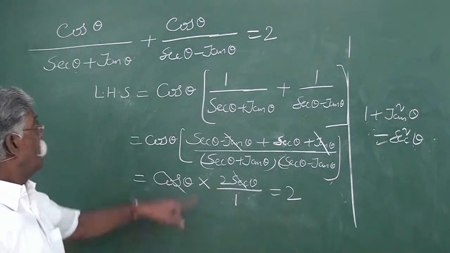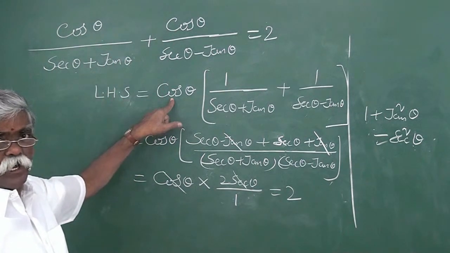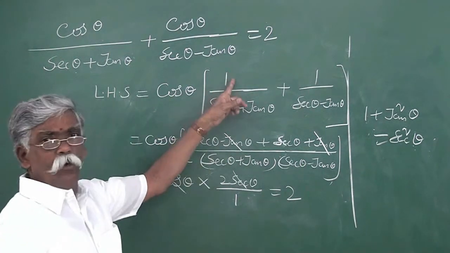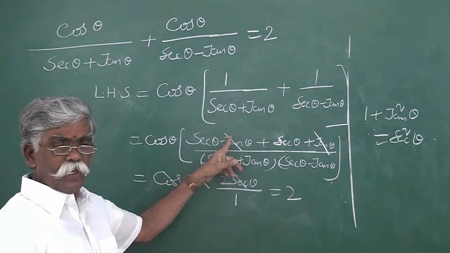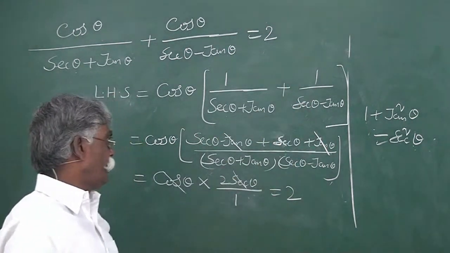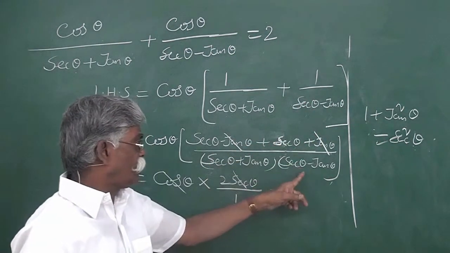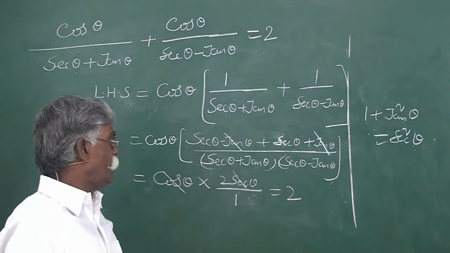Once again, here in the LHS, we have taken cos theta as common. Now here, 1 by secant theta plus tan theta plus 1 by secant theta minus tan theta. Now the LCM is secant theta plus tan theta into secant theta minus tan theta.